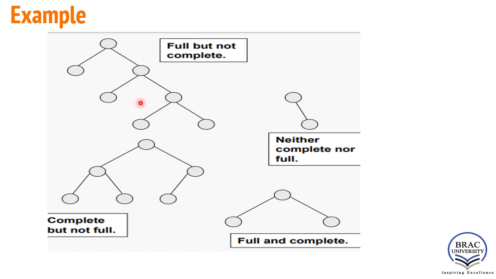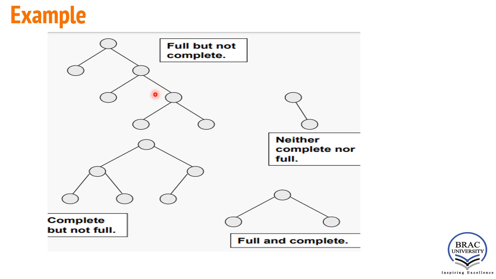This one is full. Why? Because according to the definition of full, each and every node must have either 0 children or 2 children. So this one has 2 children, this one has no children, this one 2 children, this one 2 children.